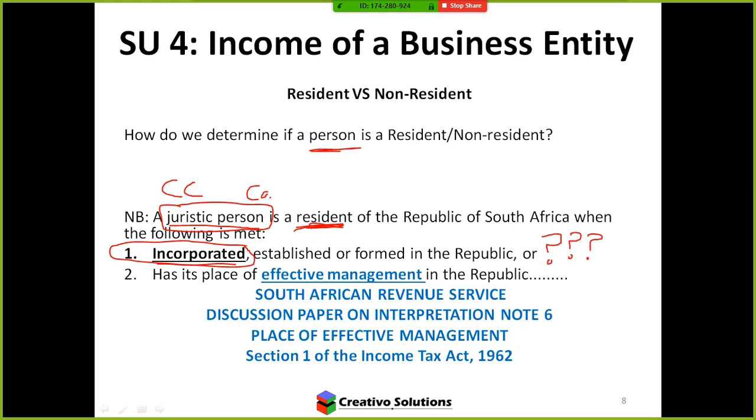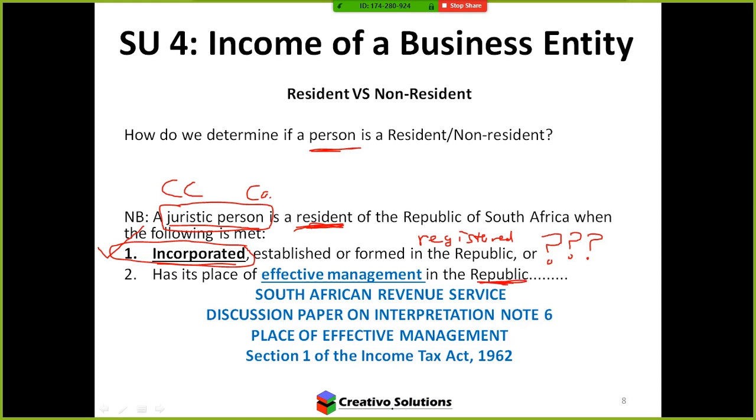Established or formed. Yes, perfect, good, registered. So if you registered a company in South Africa, have you ticked that first block? Yes, you have.